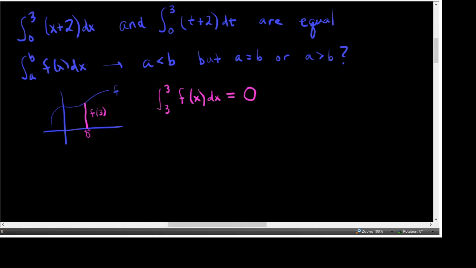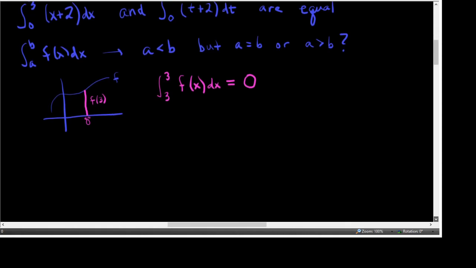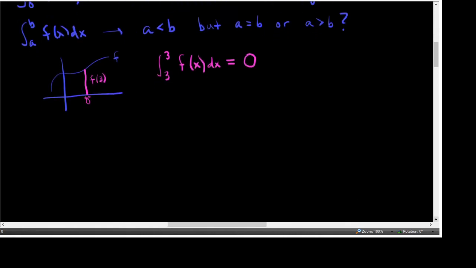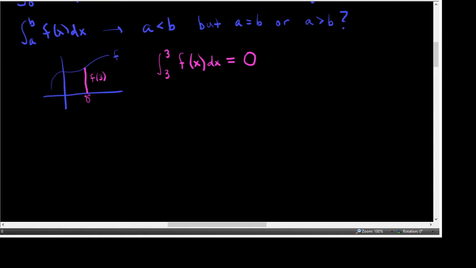Then the next thing I want to talk about is, well, what if I had an integral where here's a function and the definite integral states that I'm going from b to a. In other words, b is smaller than a.